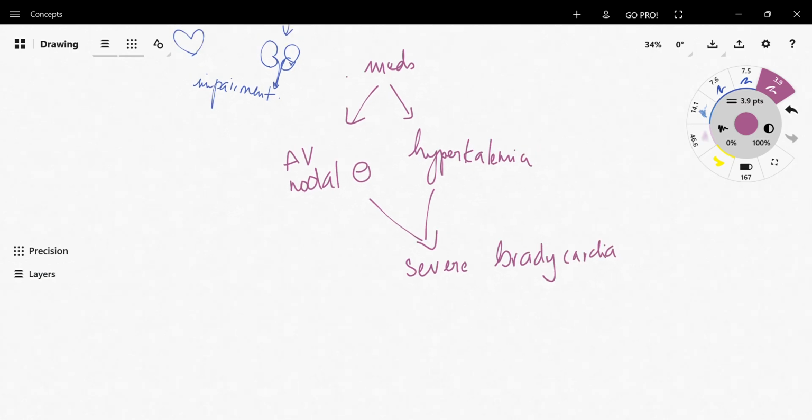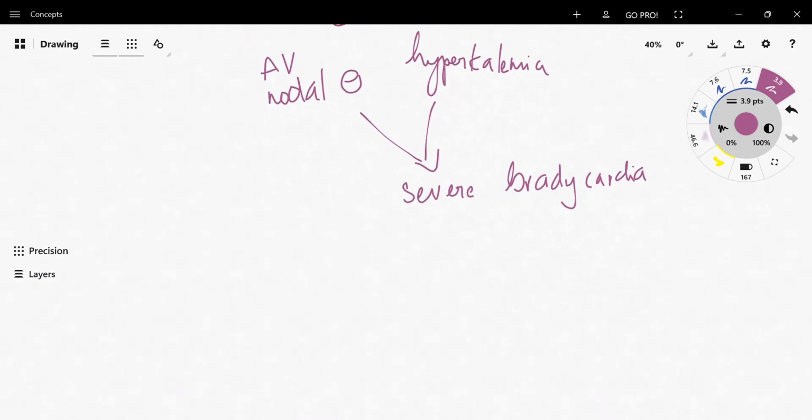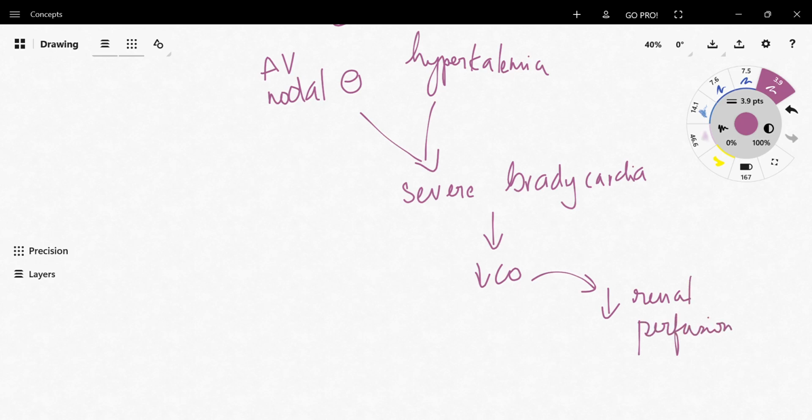Then this severe bradycardia causes reduction in cardiac output. That causes reduction in renal perfusion. It causes AKI. That will cause more hyperkalemia, which in turn worsens the bradycardia.